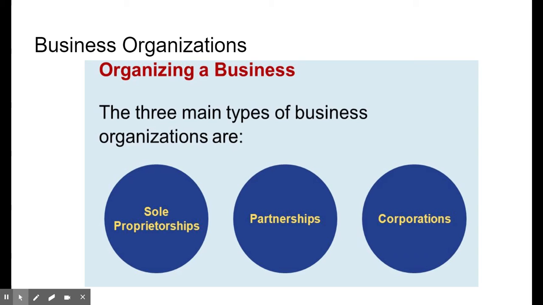So it's not a separate entity. Because of that, and because there's a simple amount of paperwork involved, a sole proprietorship is the easiest compared to the other 2 to establish. That doesn't mean it lacks difficulty. It's not challenging. It just means that it is simpler than the others.